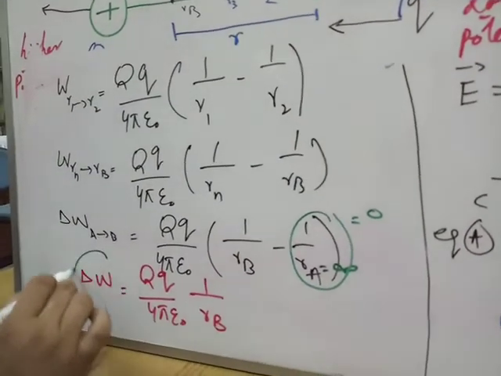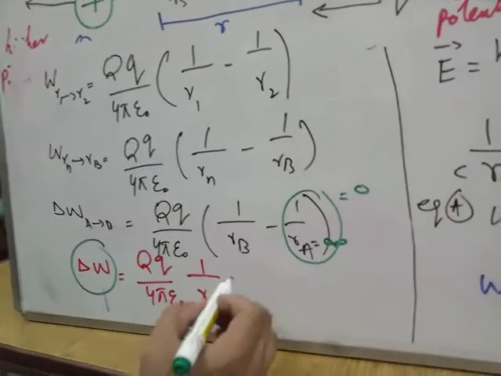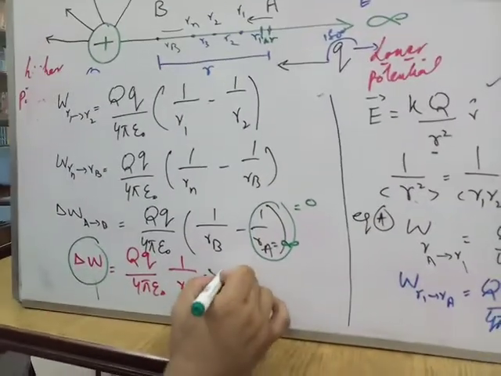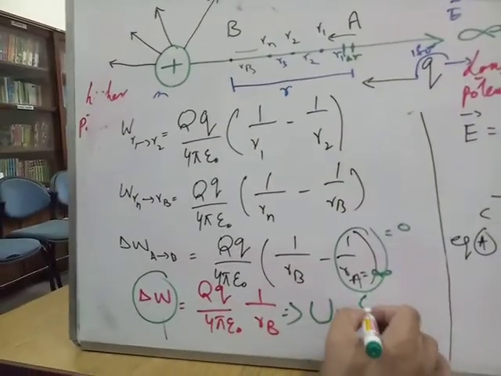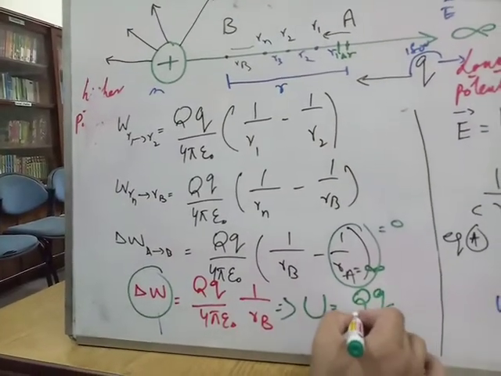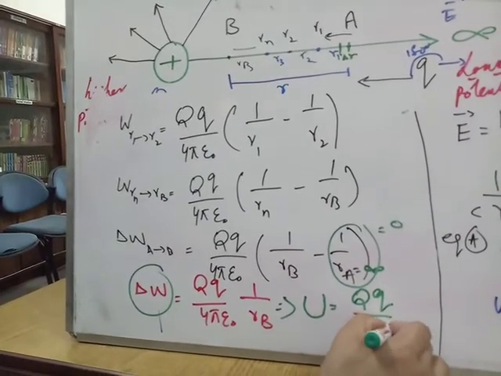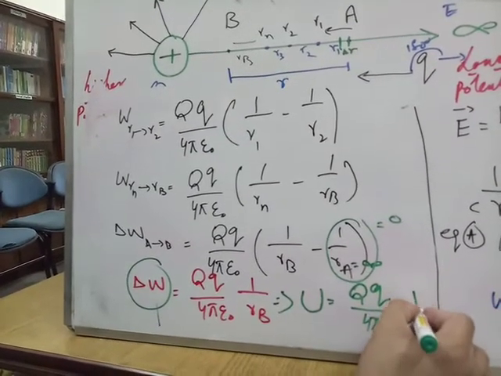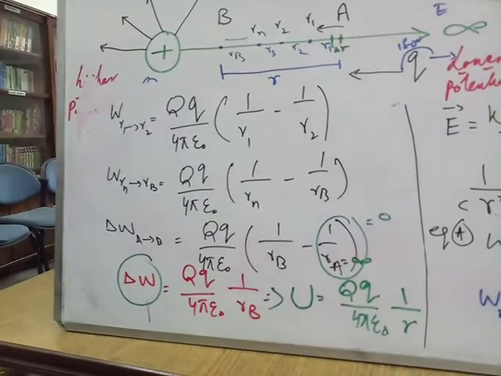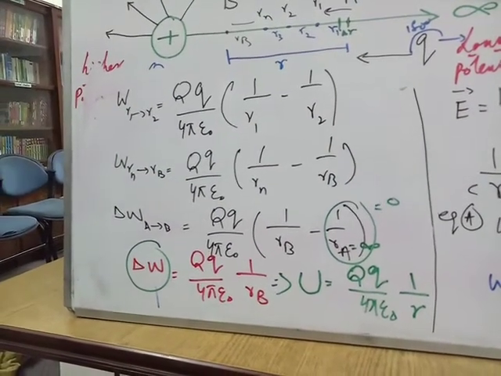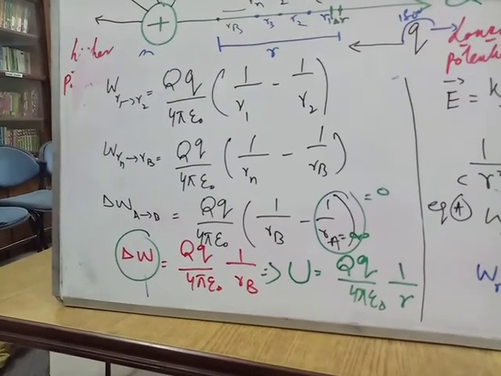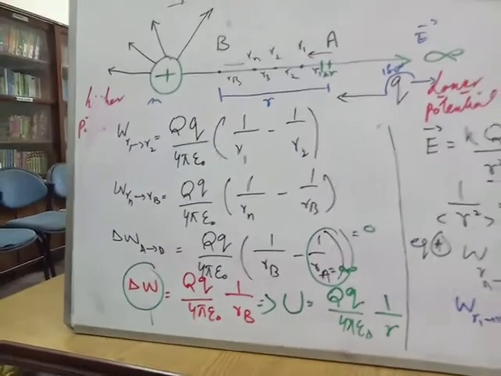So we can replace this by potential. We can write this as a potential. So the other term will be Q over 4 pi epsilon naught, and in general we write 1 over R. So this is the formula for potential at any distance or due to any point charge.